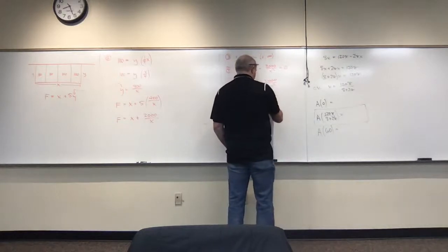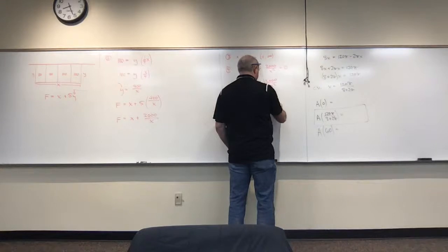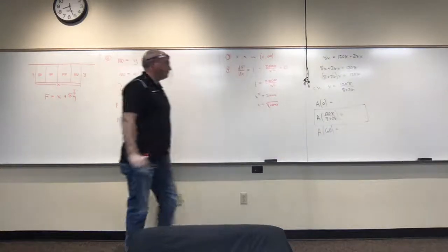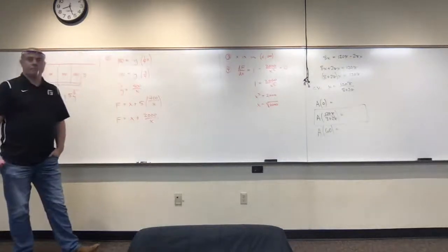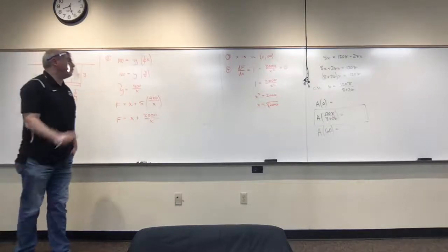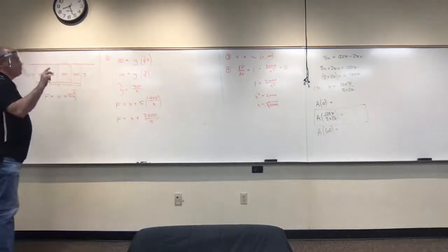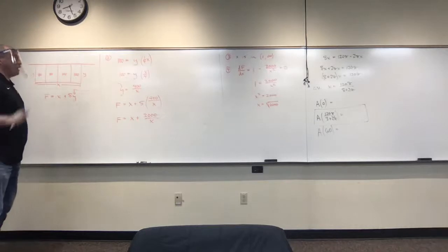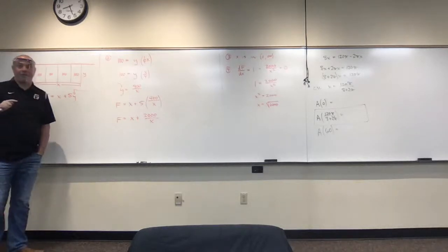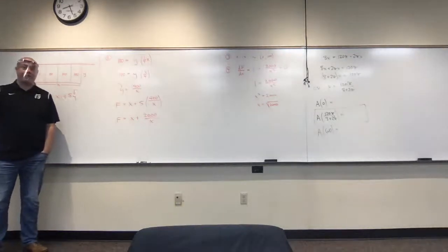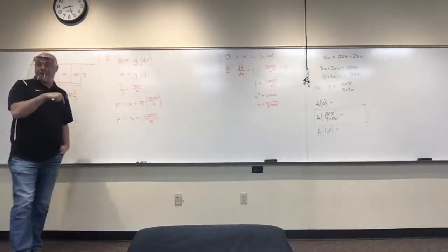Okay, so I don't love decimals, so I'll just say it's the square root of 2,000. Now we know that the minimum value has to happen in between 0 and infinity, and it has to happen at a critical value. That's the only critical value, so it must happen there.